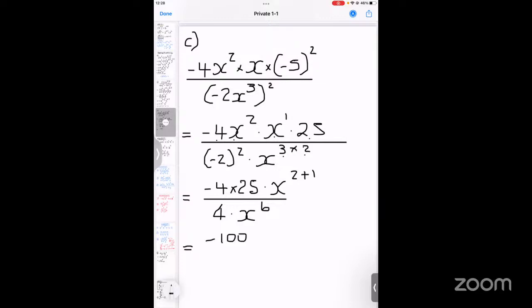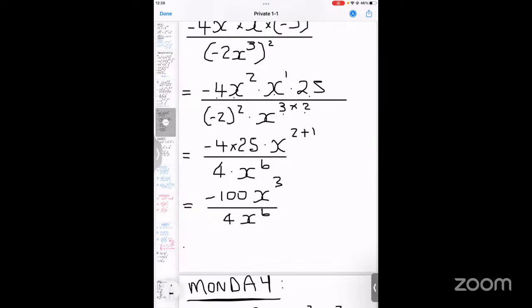So it's -100. Then we have x to the 3. And then this is over 4x to the 6. Looks like we can still work it out and say -100 divided by 4. What will that be?